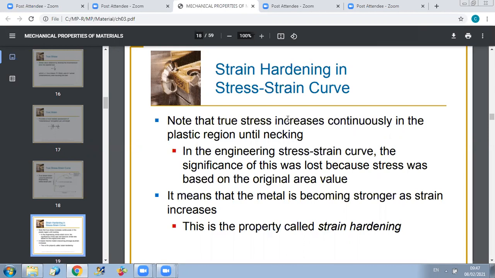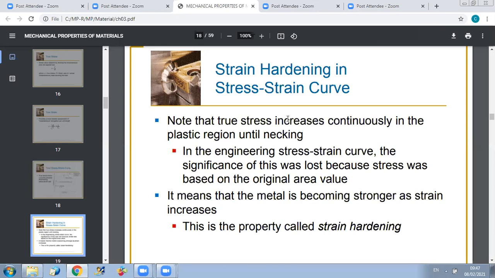The engineering one is not the actual stress, since it does not divide by the actual area, but it is proportional to the force. It is the force over a constant, which is A0. This is why the stress is really presented in the true stress curve, not in the engineering curve.